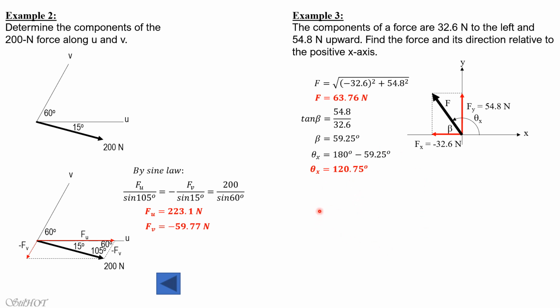So that's it. So the magnitude of the force is 63.76 newtons, and it is directed up to the left, with the direction 120.75 degrees counterclockwise from the positive x-axis.